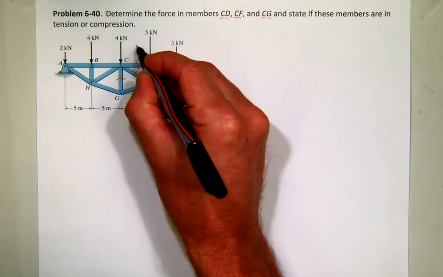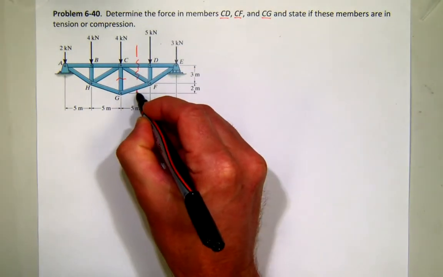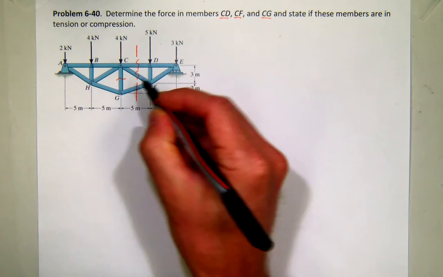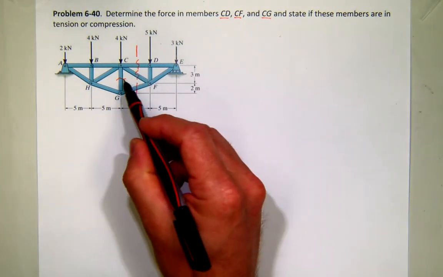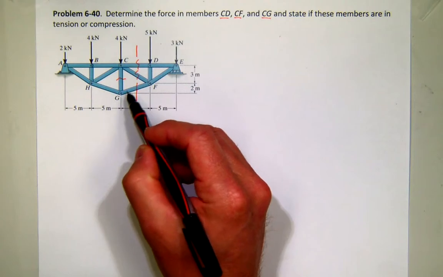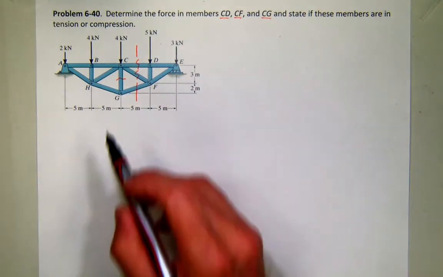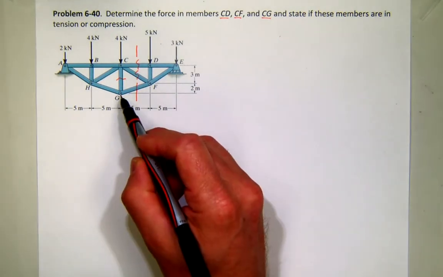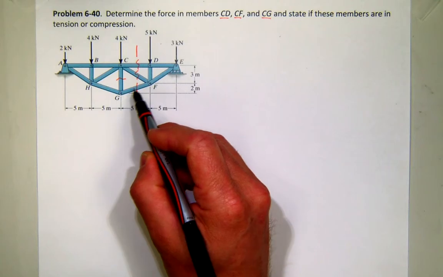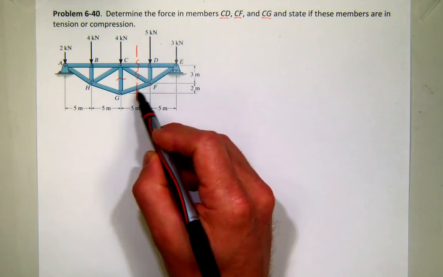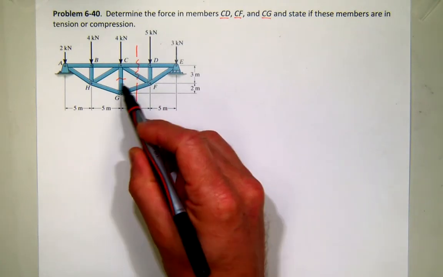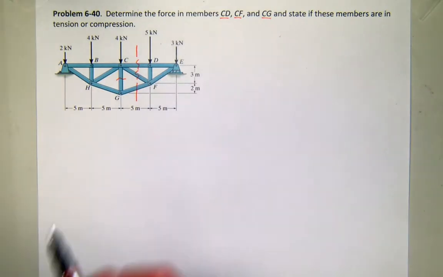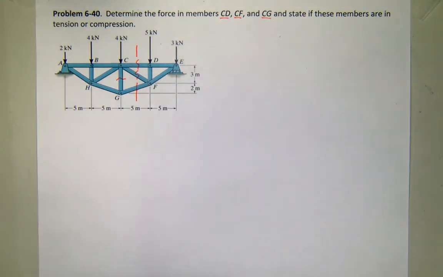I think I will look at a section here and try to identify these two forces, and then once we finish that, we'll go back and look at CG and see how we can handle that. We could do a method of joints at C because we would have GF, we have two unknowns, we could solve it that way, or I could make an additional cut. So we'll explore both those options.